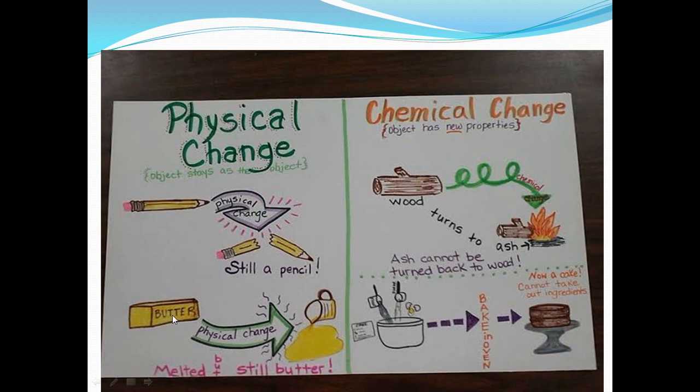After melting the butter, it changes into oil, still keeping its properties. But what about burning the wood? We said that it changed into ash, into another substance, and you cannot return the ash into wood again. So this is chemical change.